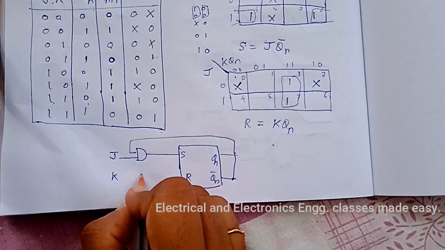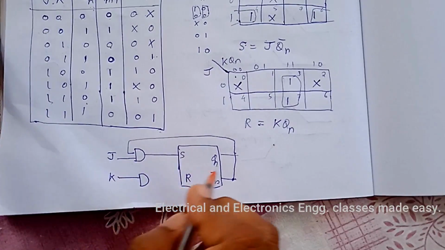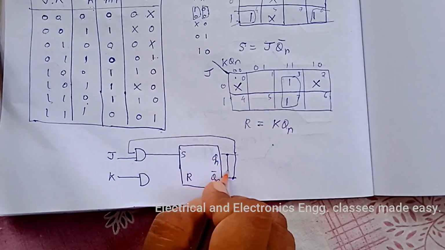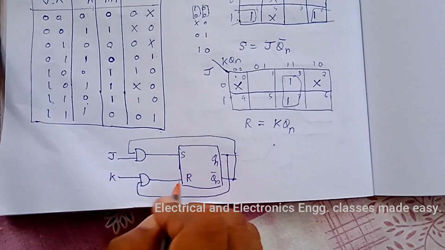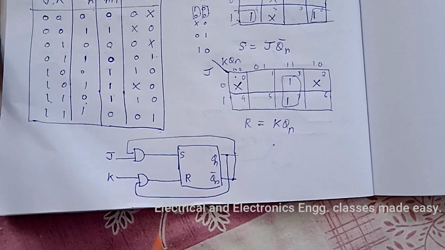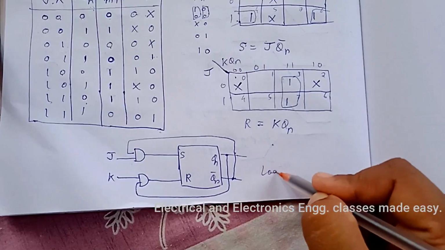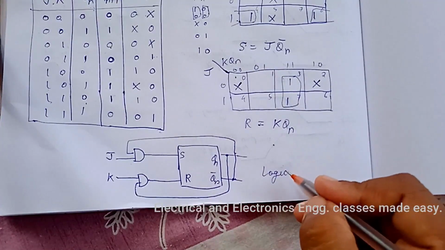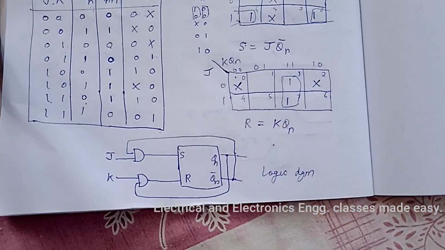So here also one AND gate, K into Qn. Qn is this one, and this is the input to R. So this is the logic diagram for SR flip-flop to JK flip-flop.